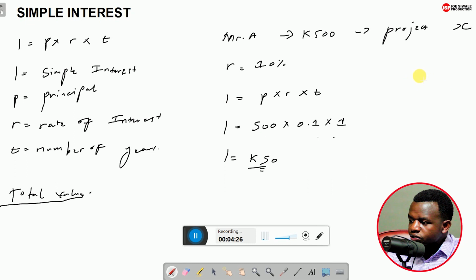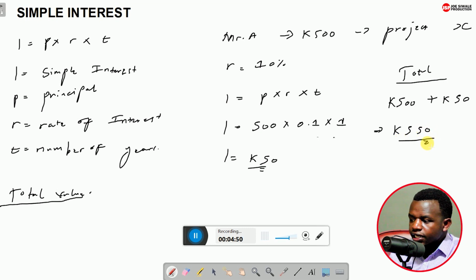So to calculate the total value of the investment for Mr. A, we say our initial investment that Mr. A made, which is 500 kwacha, plus the interest for the first year, which is 50 kwacha. So the total value of this investment is going to be 550.